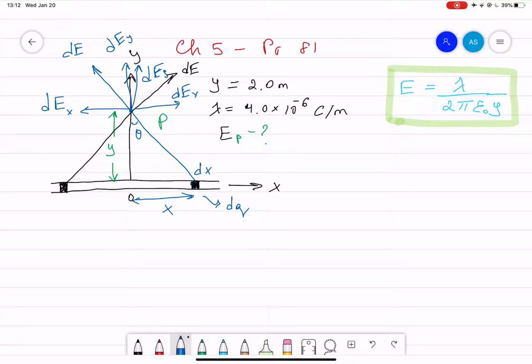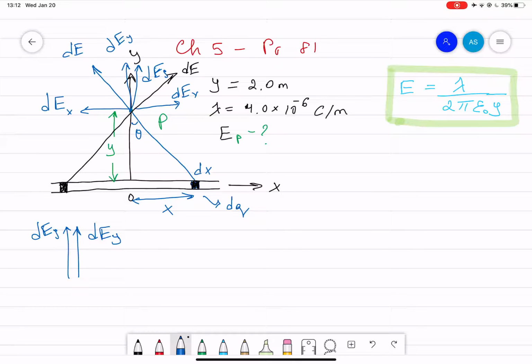As you can see here, the dEx components have the same magnitude but opposite direction, so they will cancel each other. At the end, only the dEy's will add up when you integrate. So that means we have to find only dEy.